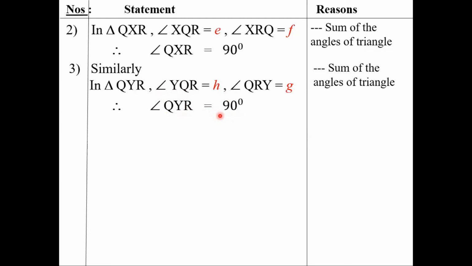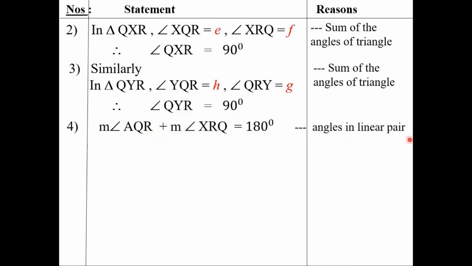Now, you have to calculate XQY as well as XRY. So the part is measure angle AQR plus measure angle BQR is equal to 180 degree. Reason: angles in linear pair, and naturally AQR means 2 times E and BQR means 2 times H. So 2E plus 2H is equal to 180 degree.